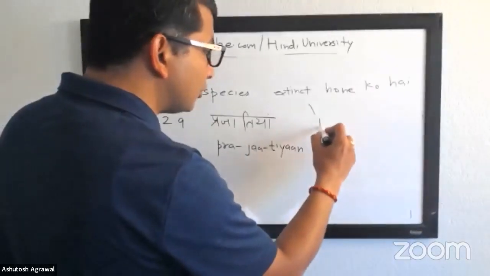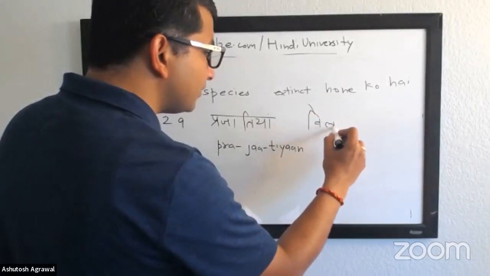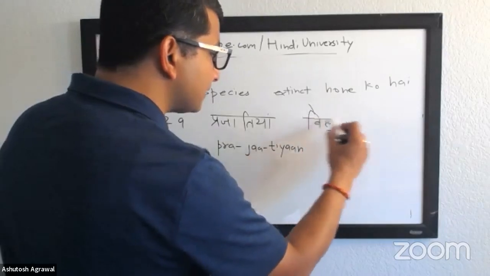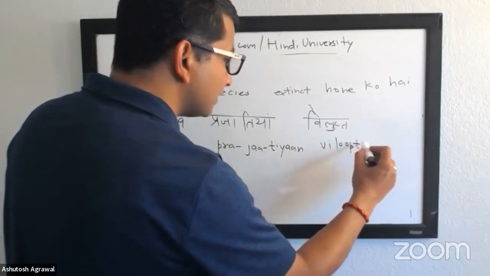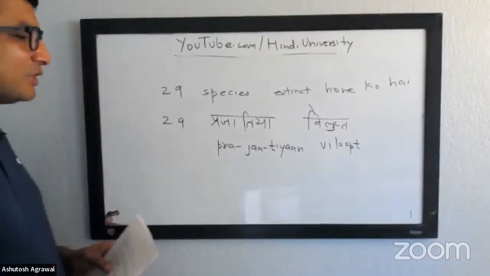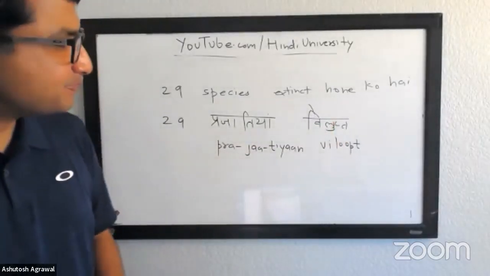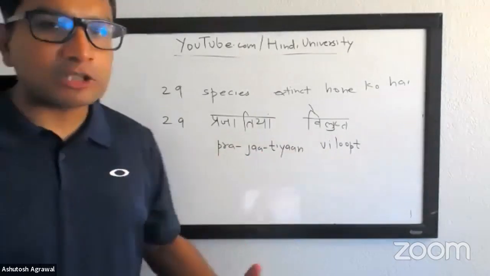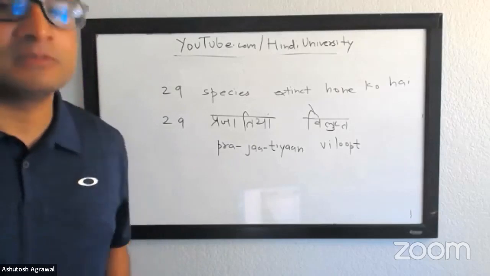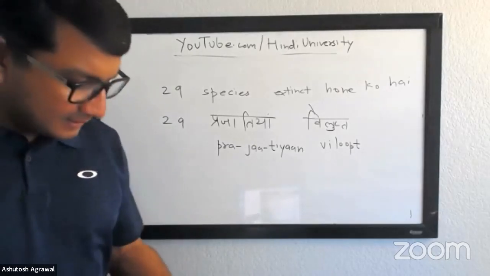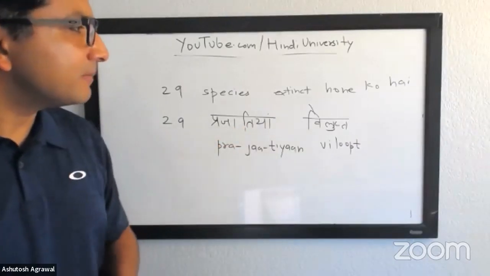Extinct is विलुप्त, V with E, L with U, half P, and then T. That's how I'm going to say it: 29 प्रजातियां विलुप्त होने को है. We typically won't cover विलुप्त in the Hindi class unless we're talking about an essay where, because of global warming or some other reason, these species are about to be extinct soon.